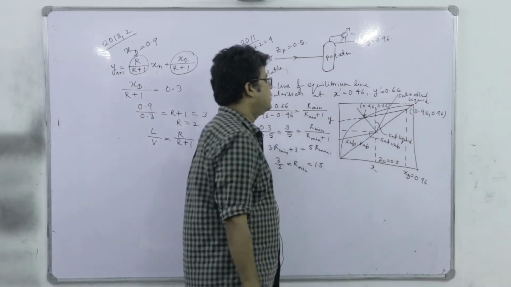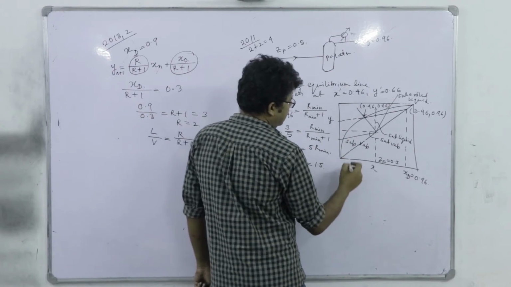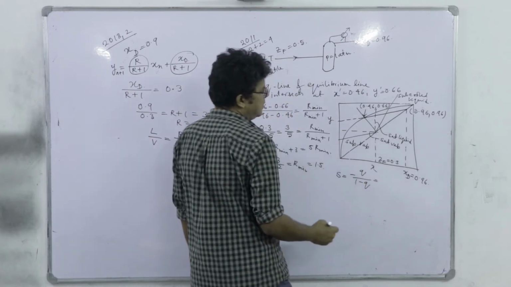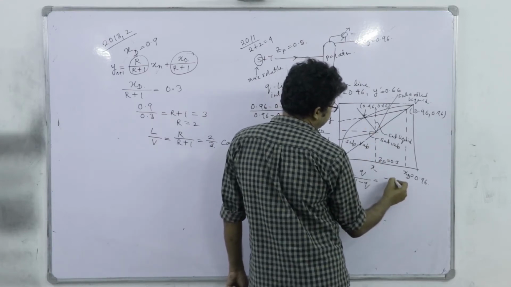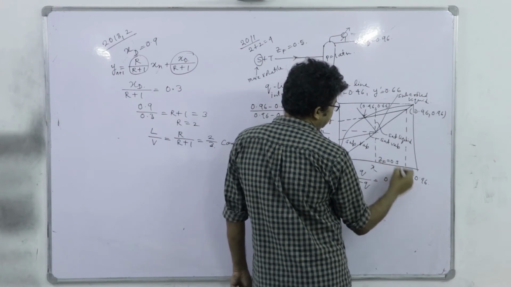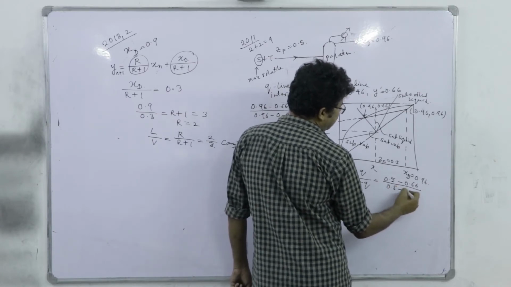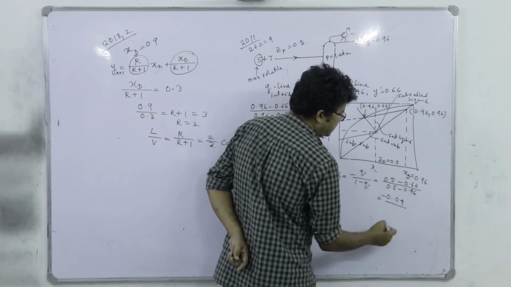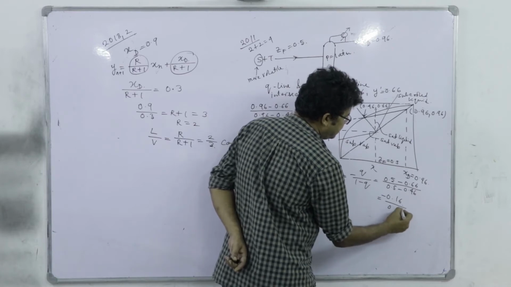Let's directly calculate it. The slope is equal to minus Q by 1 minus Q, which equals y minus 0.66 divided by 0.5 minus 0.46, that is minus 0.16 divided by 0.04.